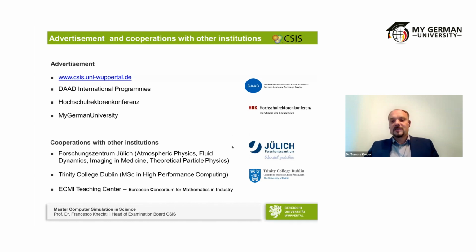And more importantly, this research center is the home of one of the largest supercomputers in Europe, or even in the world. And we have quite strong ties with them. They are involved in many of the specializations. We have also other international collaborators.